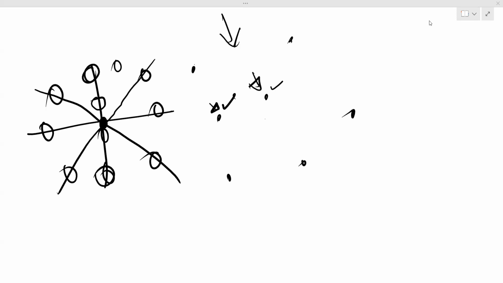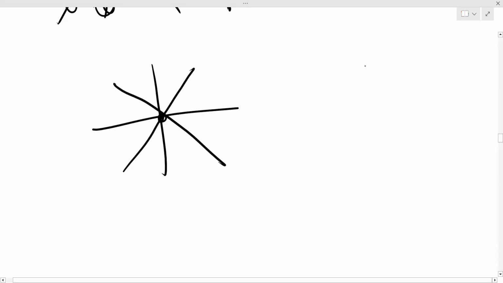Is the problem statement clear? Okay, so if it's clear, this problem is very easy. If I'm at this point, I can simply check how many points have the same x coordinate as this point, and I'll add all those points to my answer.